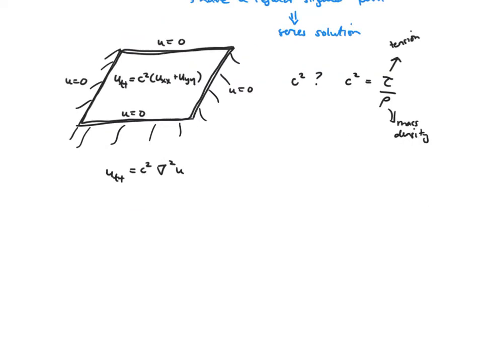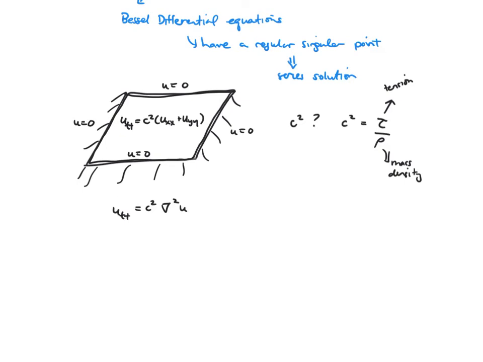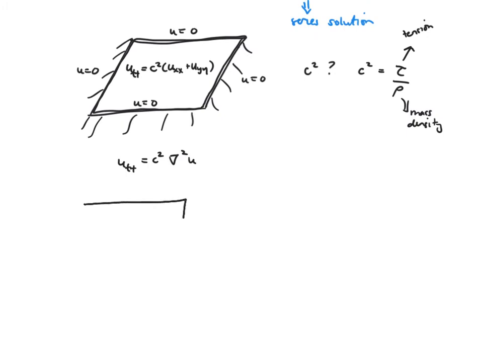Okay, I'd like to be a little bit more precise now about my boundary. And so in this rectangle, let's draw it again, actually. So let's draw it down here. u_tt is c squared grad squared u. This is 0, 0. This is the point a, b.